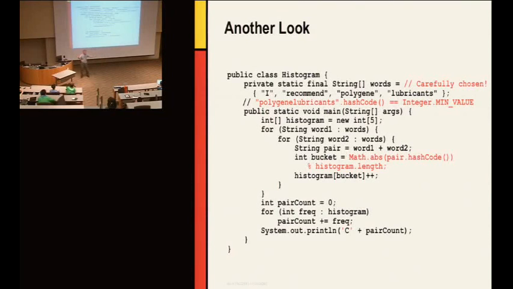What happens when you take the absolute value of Integer.MIN_VALUE? Well, if you look at the spec, it says that if the value is non-negative, it returns the value. Otherwise, it returns negative the value. If it's Integer.MIN_VALUE, you're out of luck. So let's go back to our program. We take the hash code, which in the case of polygene lubricants is Integer.MIN_VALUE.